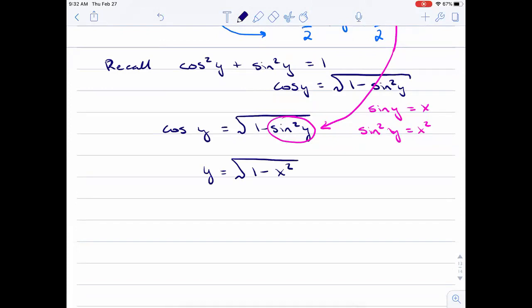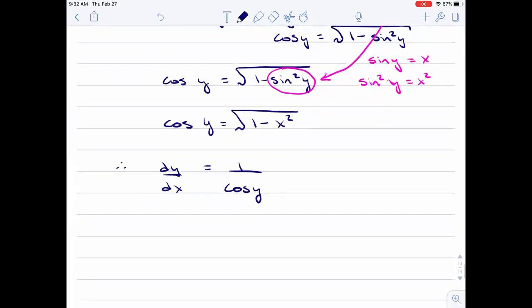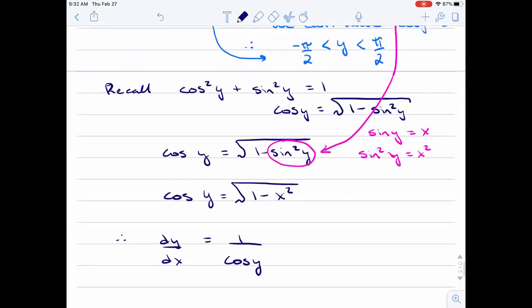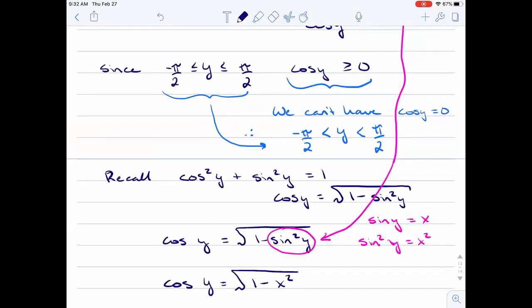Oh, cos y. I lost it. So now, therefore, dy dx, which we said was 1 over cos y. And now that I think about it, I'll look into it, but that might be the whole reason that we use this identity: to get it in terms of sine again, so that we don't have more restrictions on y.